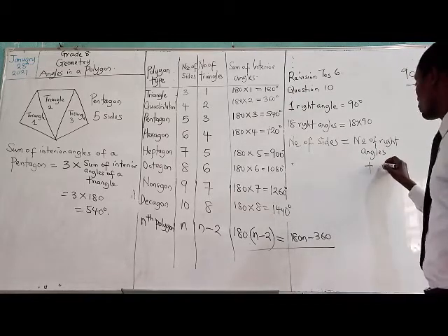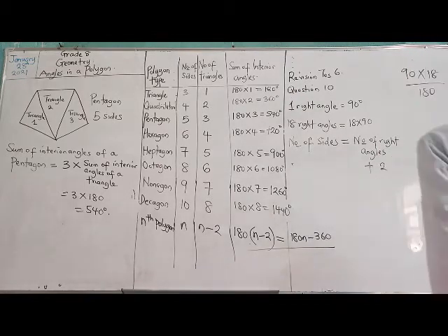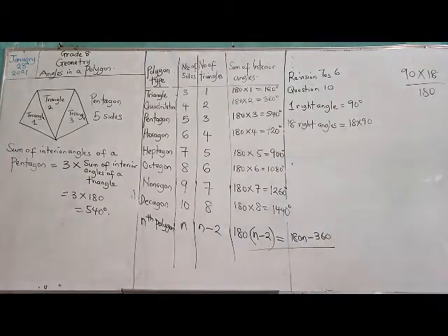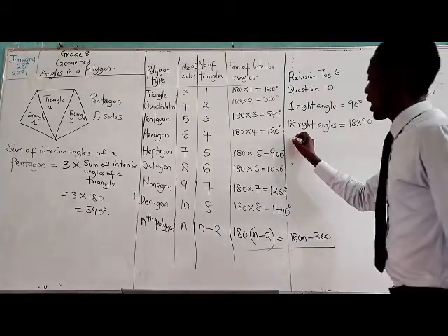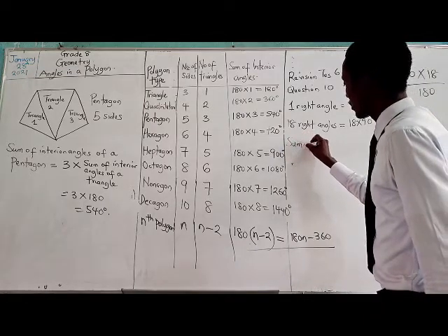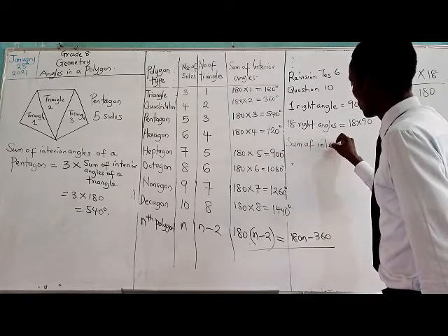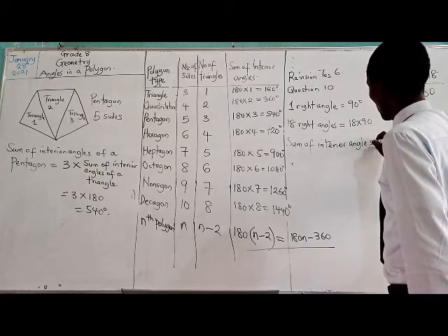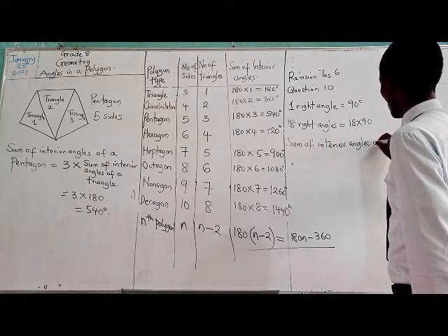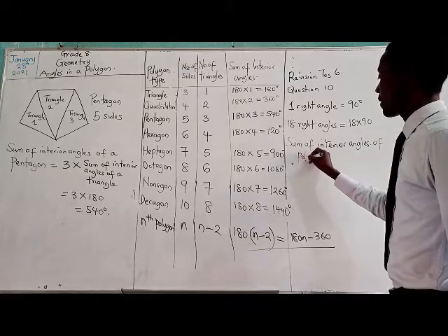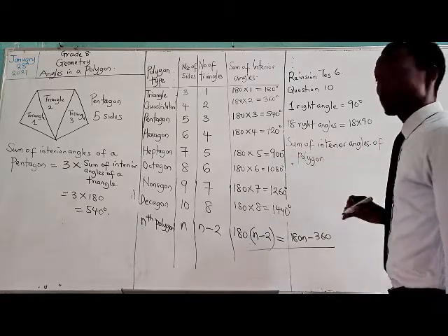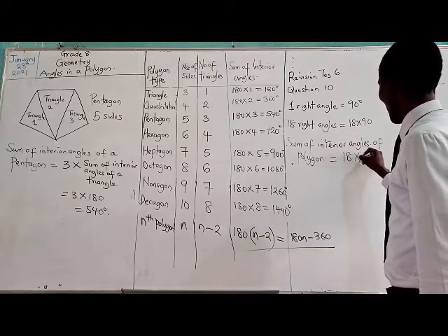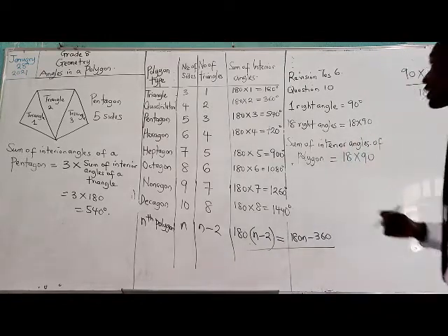Okay, but let's go back a little. Let's take this little by little. So the next thing now, the sum of interior angles of the polygon will be equal to 18 times 90. That one is settled.